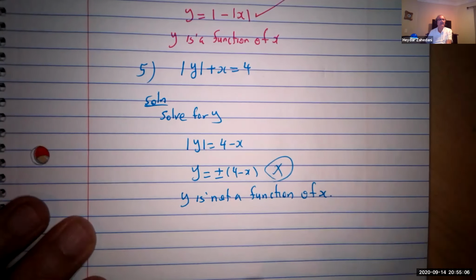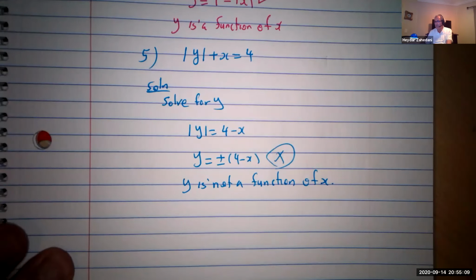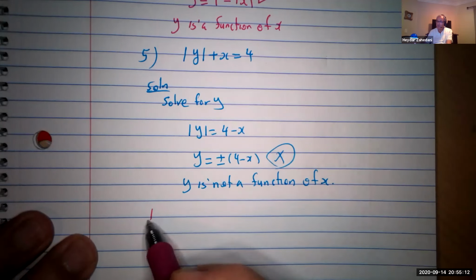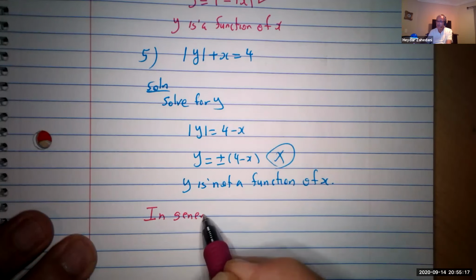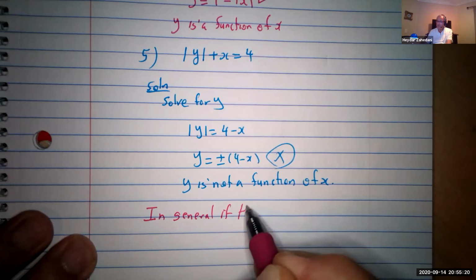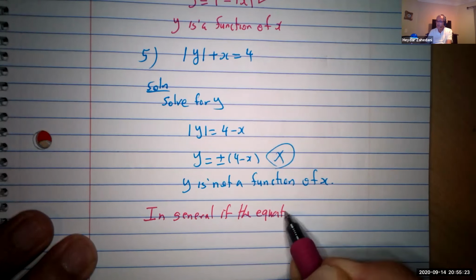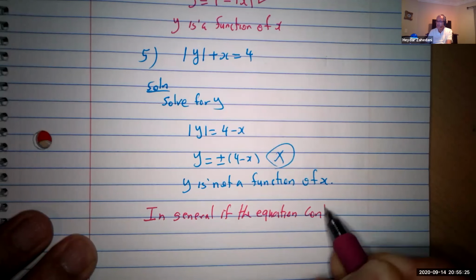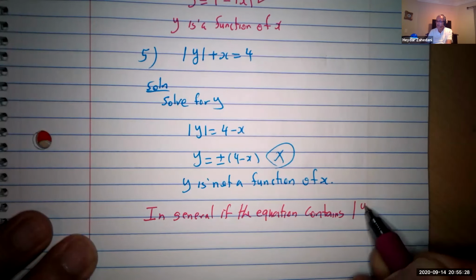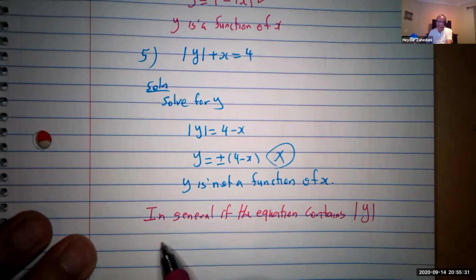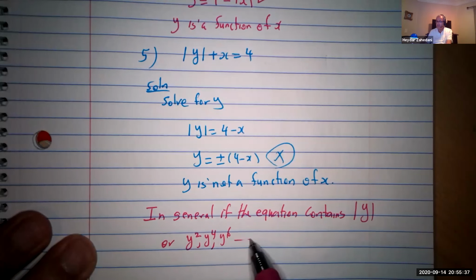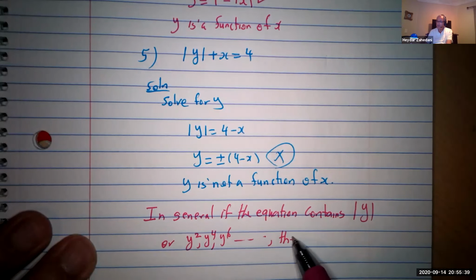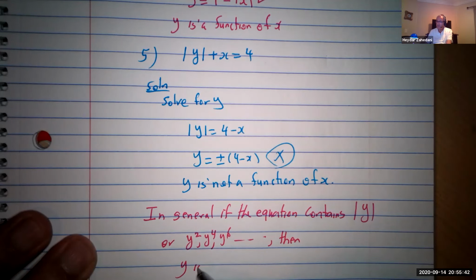Okay, in general, this is just for your information, but on the test you have to do it for us. In general, if the equation contains absolute value of y, or something like y squared, to the 4th, to the 6th, then y is not a function of x.